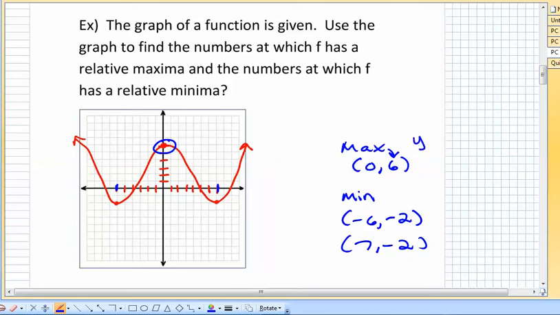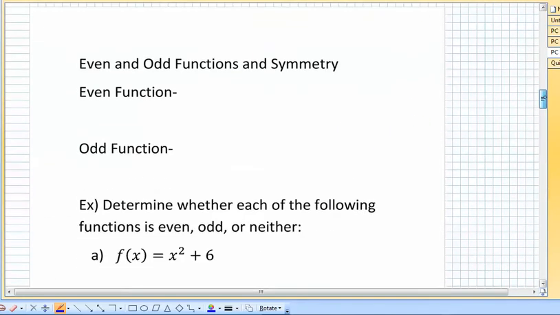It's said to occur at the x, which is 0. The minimum values occur at -6 and 7, but the actual minimum value is -2, because that's the y. So something to keep in mind is that it occurs at x, but the actual minimum and maximum values are the y values.